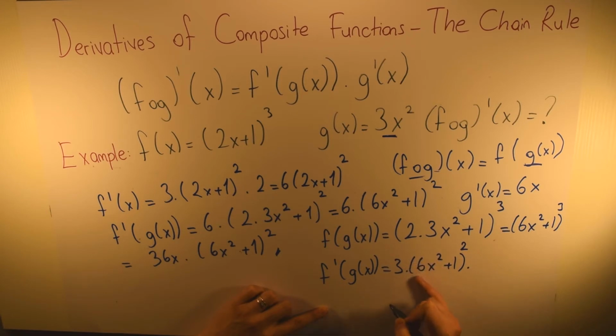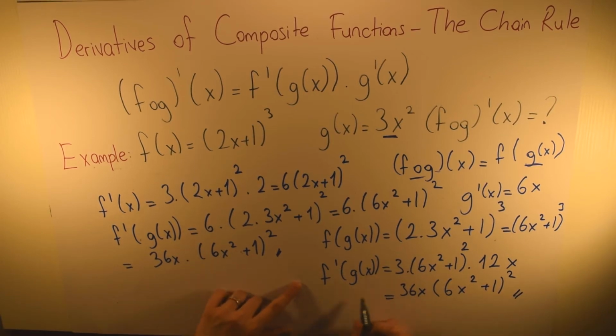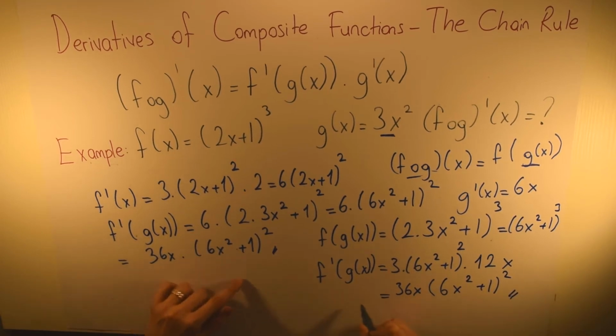When I put this 2 in front of 6, 2 times 6 is 12, so it will be 12x. From here we get 3 times 12x, which is 36x, times (6x squared plus 1) to the power of 2. As you can see, we got the same result. So whichever way is easier for you, you choose that way and you will get the same result.